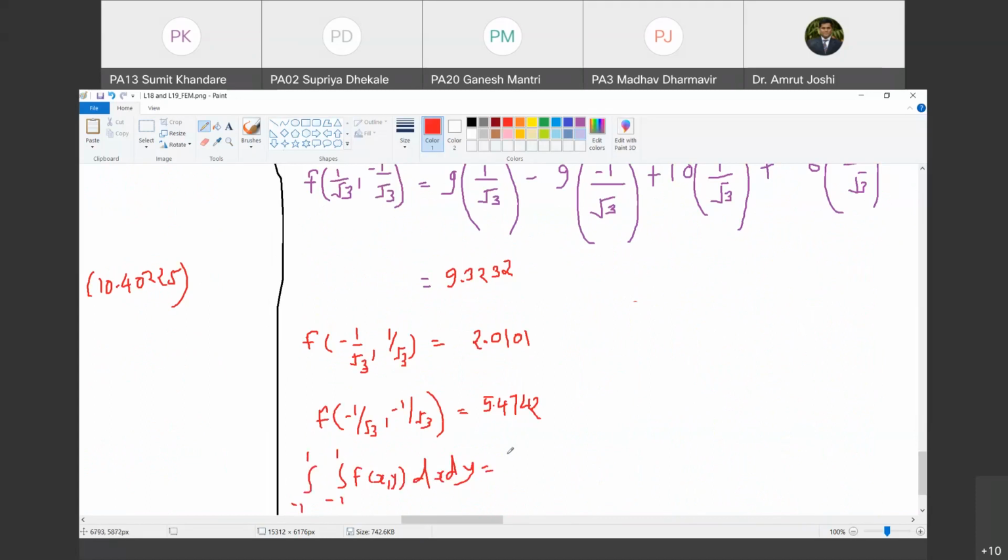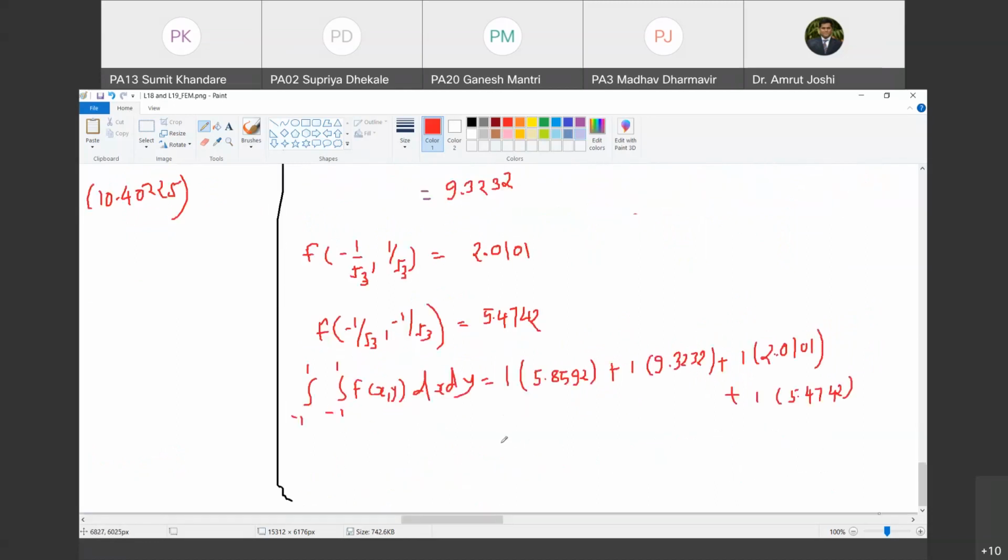This is nothing but 1 into the first value, that is 5.8592 plus 1 into 9.3232 plus 1 into 2.0101 plus 1 into 5.4742. So can you do this addition, Ganesh, and let me know what is the value?